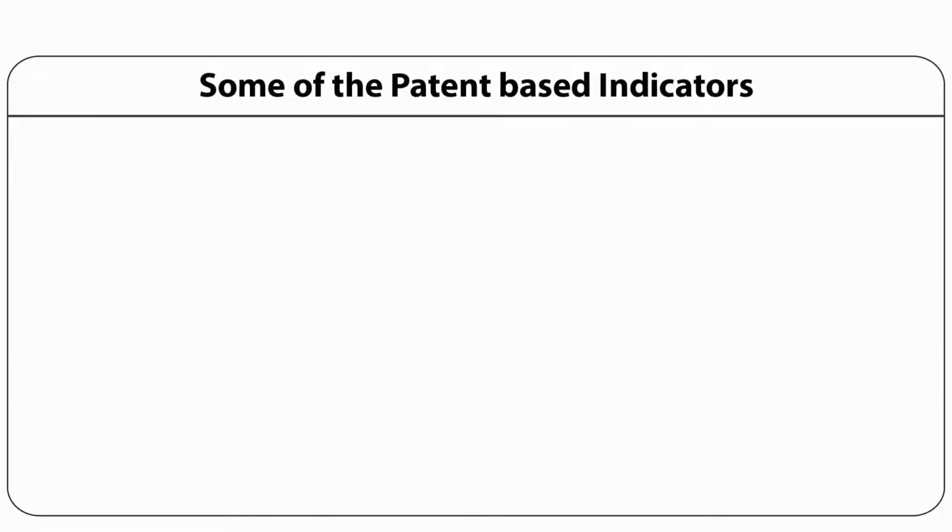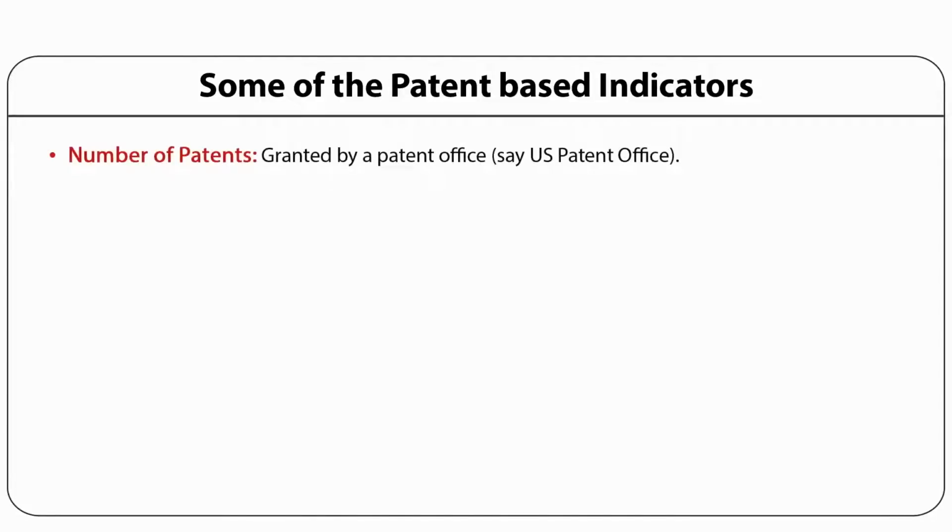We are now talking of patent based indicators. There is continuous research to construct indicators, and some of the indicators, because of their utility, have become very important. Those indicators I am highlighting. One is simply the number of patents, say, granted by a patent office. It can be the US patent office, Indian patent office, to a firm, to a country.